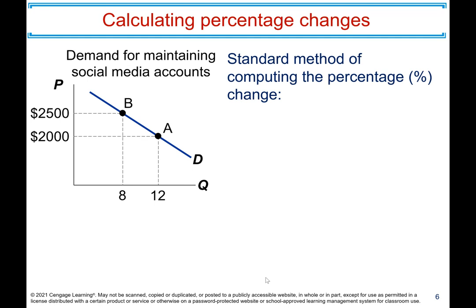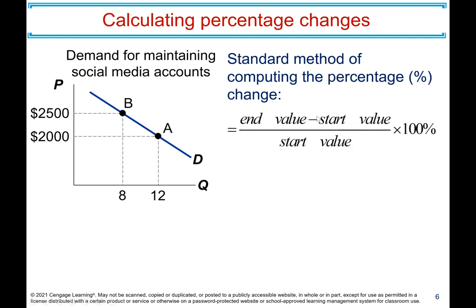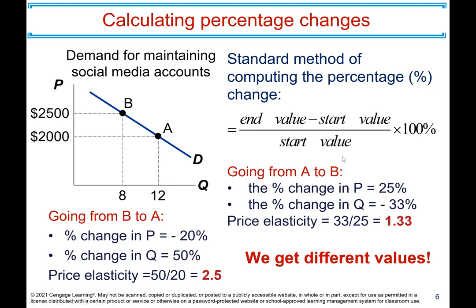Calculating percentage changes. The standard method of calculating percentage change is the end value minus the start value, divided by the start value, multiplied by 100.